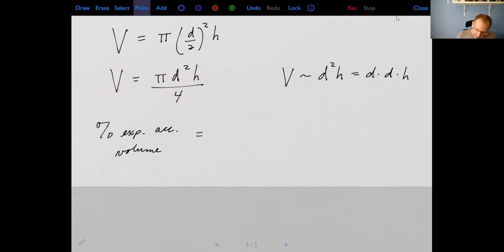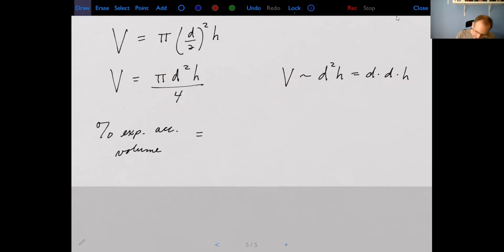So in this case, pi over 4, don't worry about it, right? It's a pure number. It doesn't have any error. It's only the diameter and the height you have to worry about. So since volume is really diameter times diameter times height, to find the percent experimental accuracy for volume, you have to add the accuracy for diameter plus another accuracy for diameter plus the accuracy for height.